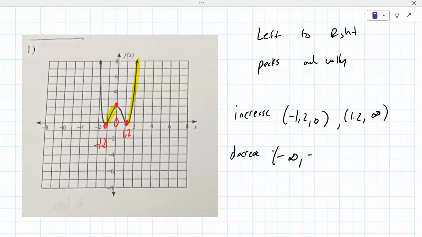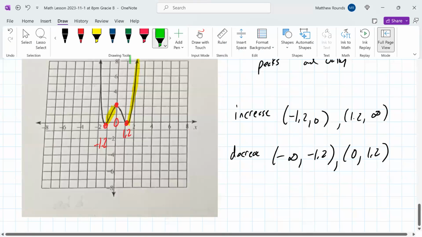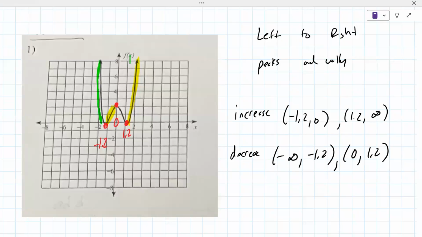So from minus infinity to minus 1.2, and then from 0 to 1.2. Any questions on that? That's maybe a more complicated example than number 2.